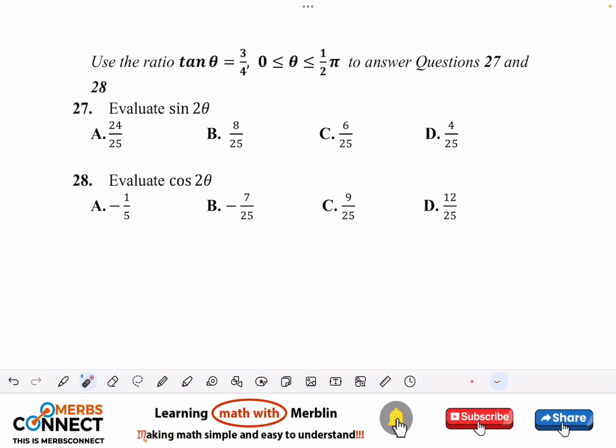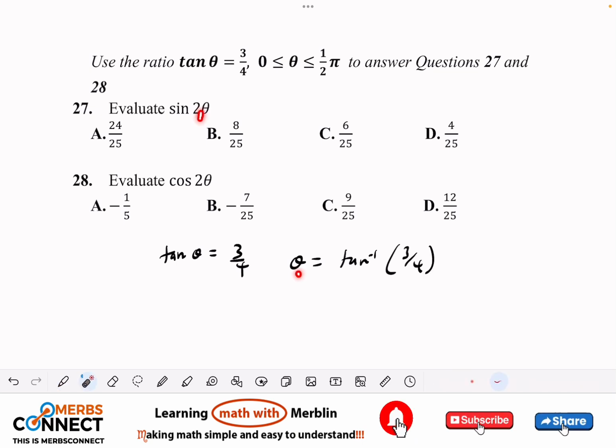So let's try and go through it. For this one, what will be the shortcut? The shortcut here is very simple. Check tan theta equal to 3 over 4. Theta will be tan inverse of 3 over 4, right? So when you get theta, you plug it in.